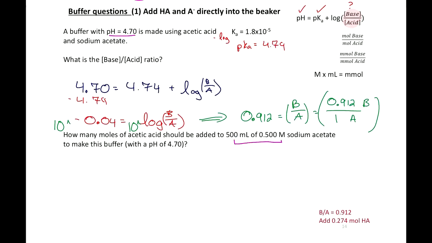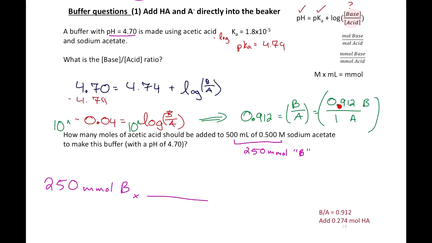So if we multiply those numbers together, okay, there is 250 millimoles of the base present. And so we can use that number plus the ratio that we just got. So 0.25 millimoles of base. We'll use the ratio now, but where am I going to put that 0.912?